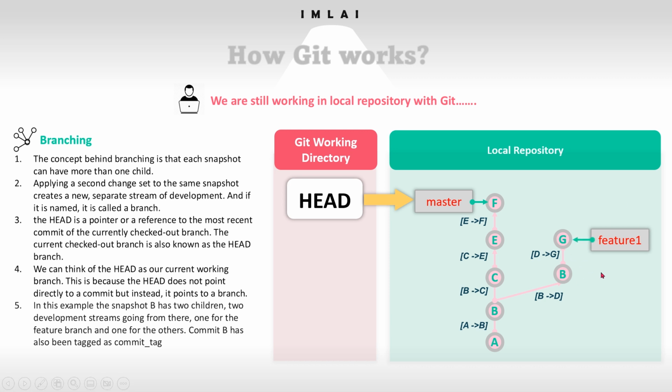If we want to add some features to this base code, whatever code is there till this part will be copied into the feature one branch. After that we have added a few more features into that code, whereas this is our main branch, this is our master branch. So this is our master branch and this is our feature one branch. We have tagged this one as commit tag one.